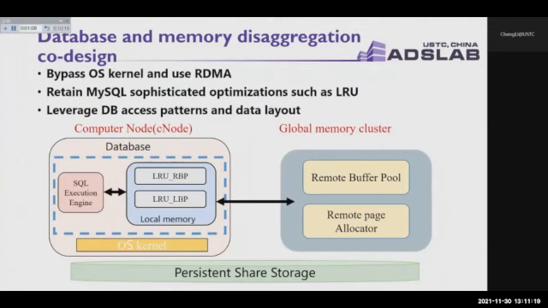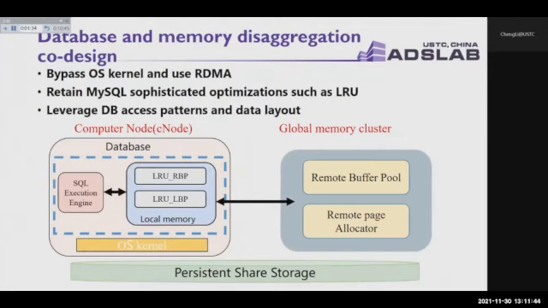The beauty of this setup is that we bypass the OS kernel completely. So we do not implement this disaggregation as Infinite Swap, which provides the general one. Instead, we directly talk to the remote side from the database kernel. And we heavily use RDMA, in particular high performance one-sided RDMA.